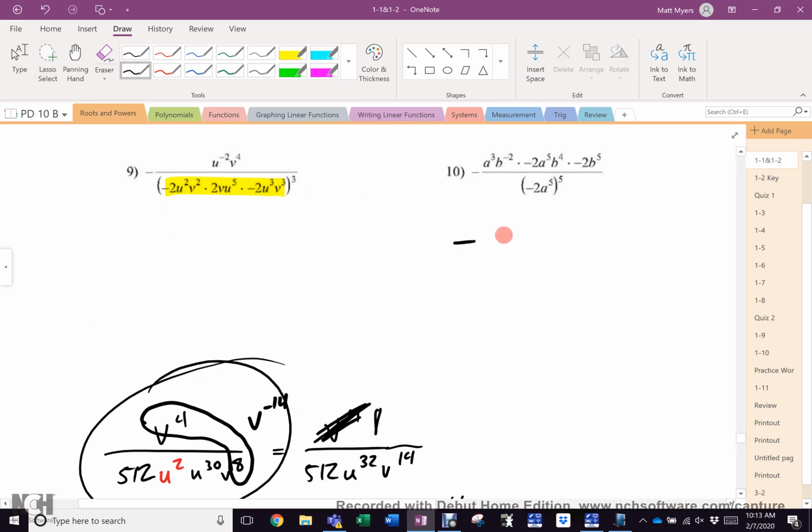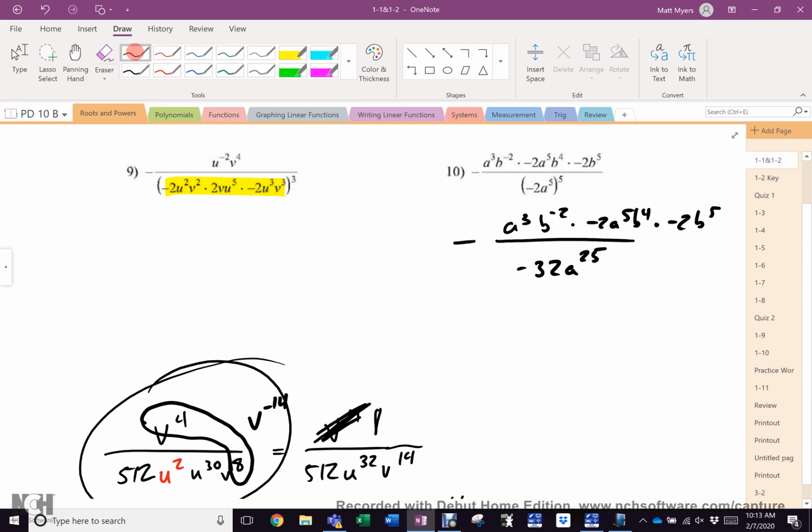So you had negative a cubed b to the negative 2 times negative 2 a to the 5th b to the 4th times negative 2 b to the 5th over negative 32 a to the 25th. Then what?